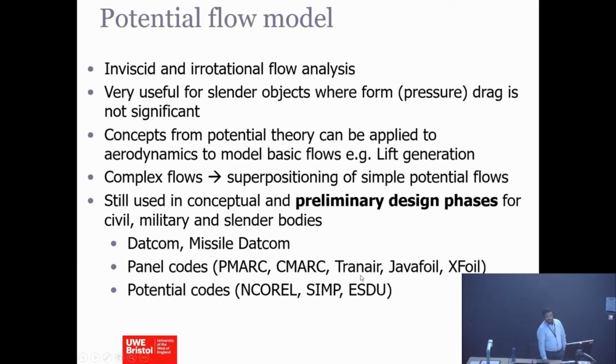This one here, Trinair, is actually a Boeing code and was developed many, many years ago, but every time they develop it more. Java foil, yes, you all used it last year, except the pilot studies, sorry. And X-foil, some of you used it. X-foil and Java foil are based on potential flow model, right? They're not very good in dealing with boundary layers, but they're okay. They're adding things to it all the time, but really they're potential flow models.